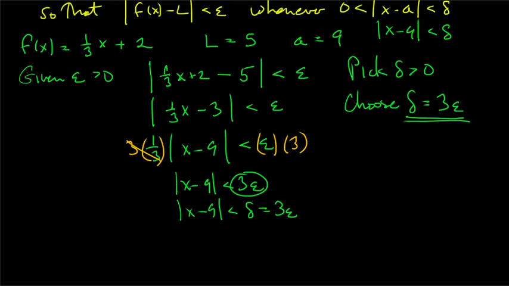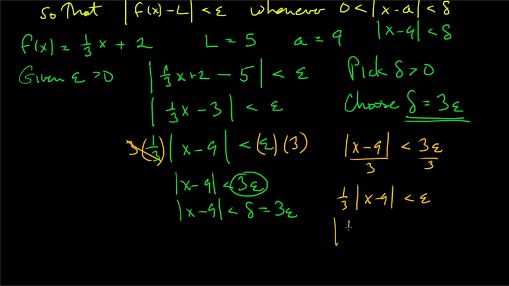Okay. So now let's just use the same argument backwards. If our delta is 3 epsilon, so if x minus 9 in absolute value is less than 3 times epsilon, that means I can divide both sides by 3. And I have 1/3 times the absolute value of x minus 9 is less than epsilon. Or bringing the 1/3 inside, this is the absolute value of 1/3 x minus 3 is less than epsilon.